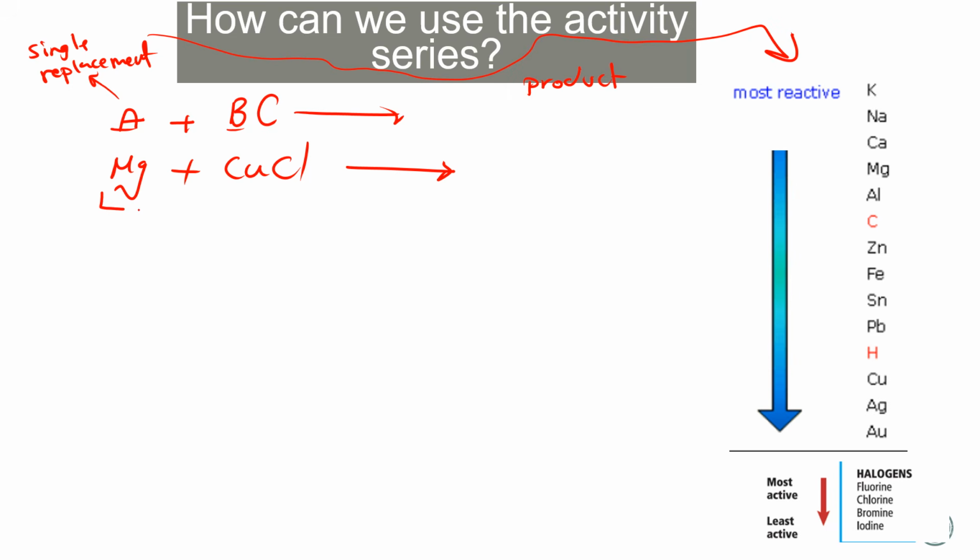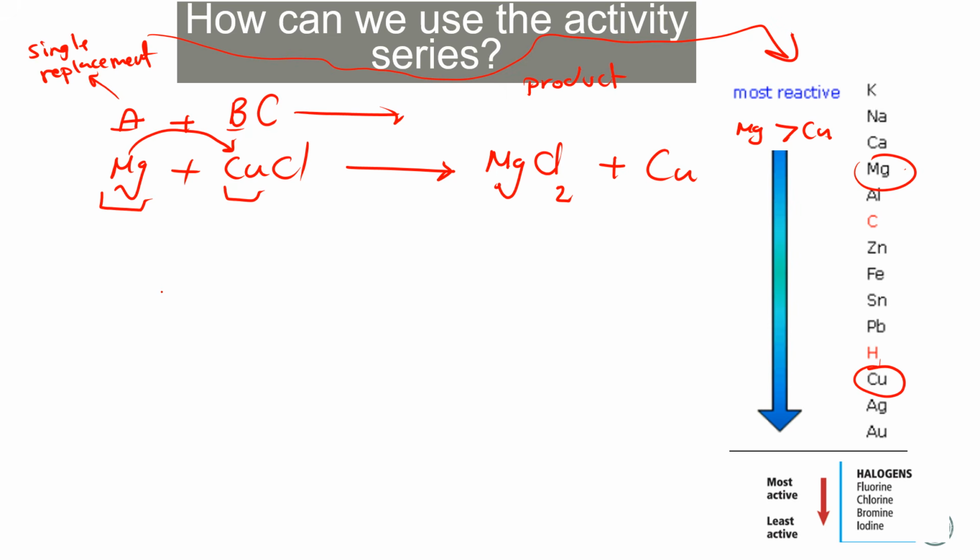فإحنا الحين لازم ال Mg وال Cu are up here. So we need to know if this will happen or not. Mg is stronger than Cu, so it will remove it. Okay, so we are going to have MgCl2 plus Cu.